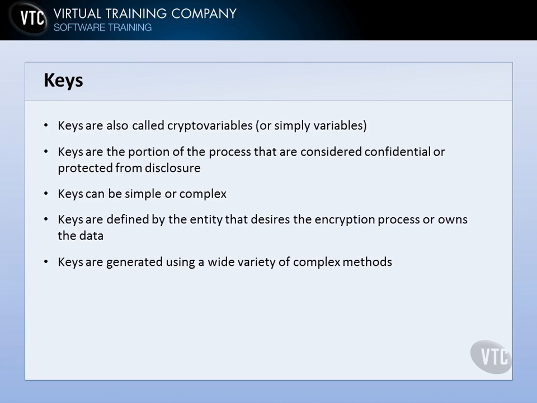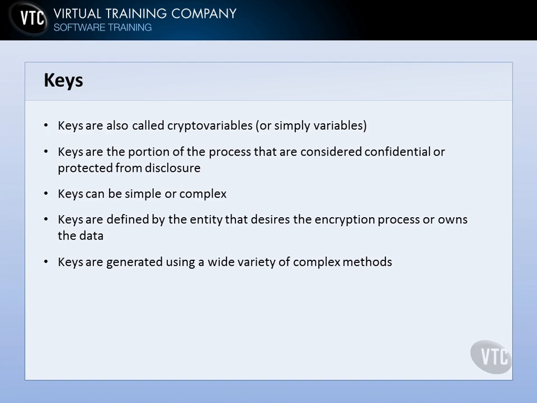Keys in general can be simple or complex. In earlier forms of cryptography, like substitution cryptography, for example, the key might have been something very simple, like a letter or a word. In modern cryptography, however, keys are typically very complex. Large numbers, in fact, large hexadecimal strings of numbers could be the key.